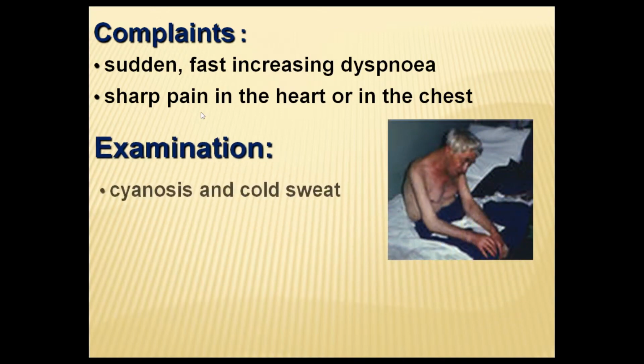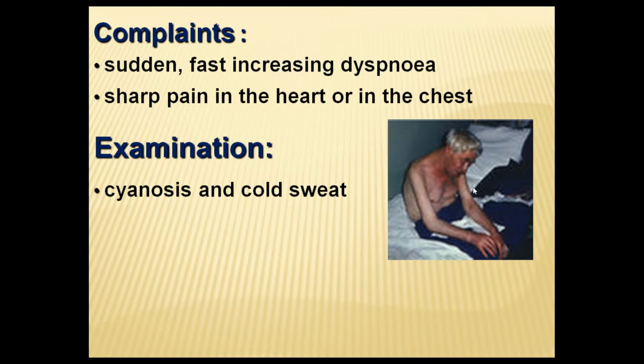On examination, again, forced posture due to hypoxia, progressive cyanosis and cold sweat as a response of the vegetative nervous system. I'll draw your attention to cyanosis. In thromboembolism of the pulmonary trunk, cyanosis spreads only on the upper part of the body.